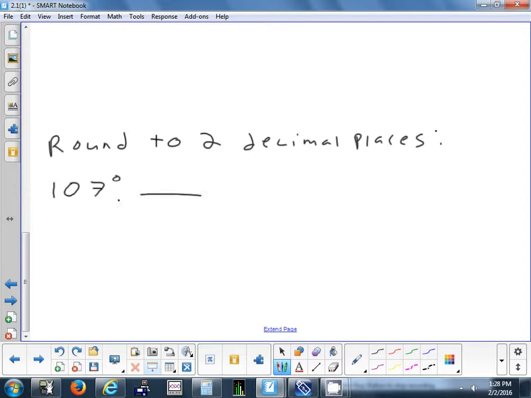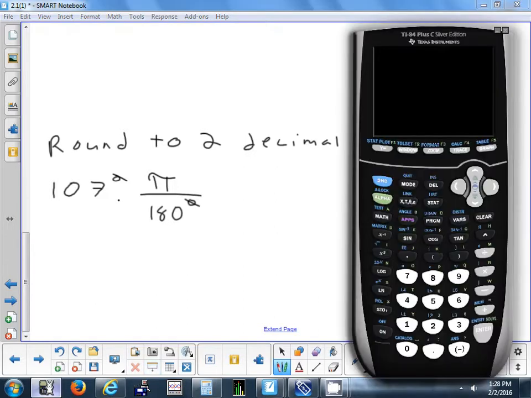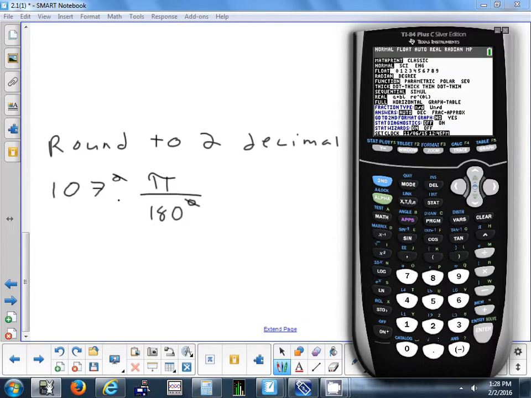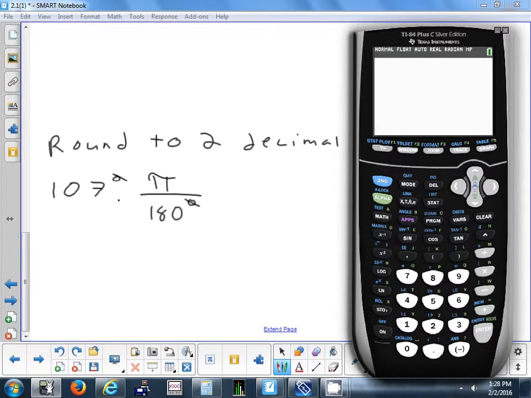All right, so we're going to do the same thing we've been doing, except the last step, we're going to type it in. Okay, divide by 180, multiply by pi. Now, because you're going to type it in, I wouldn't bother reducing this at all. That's just a chance to make a mistake. Just type it in the way it is. Also, when you type it in, I'd like you to use the pi button.